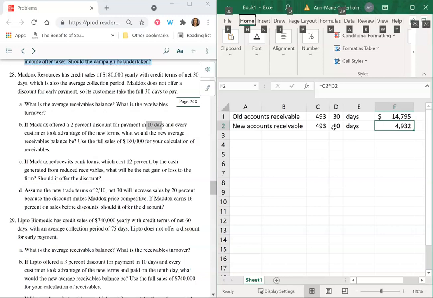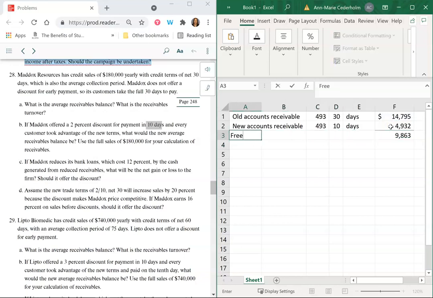So I can take the difference, 14,795 minus 4,932, and this is the amount of cash that I'd free up. Instead of it being in accounts receivable, I would actually have cash because my customers are paying me early now.